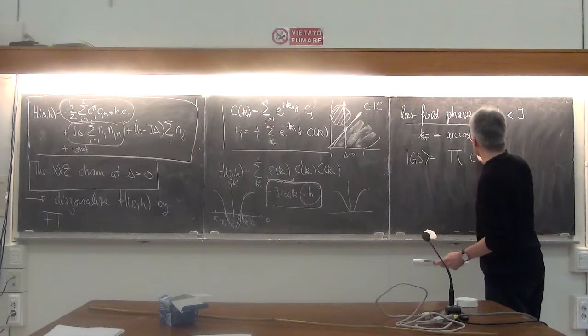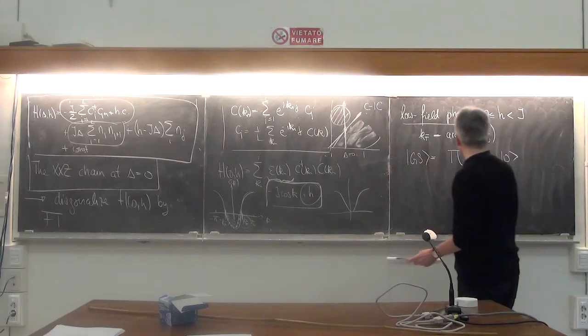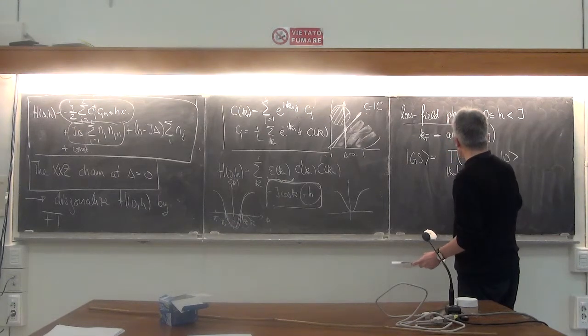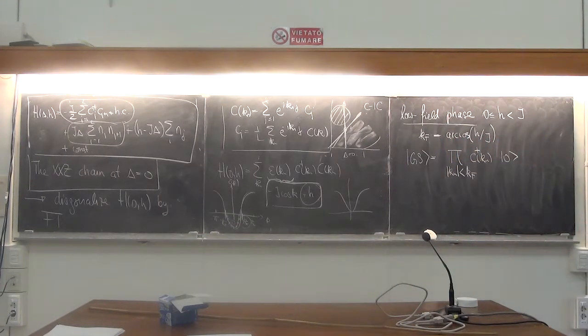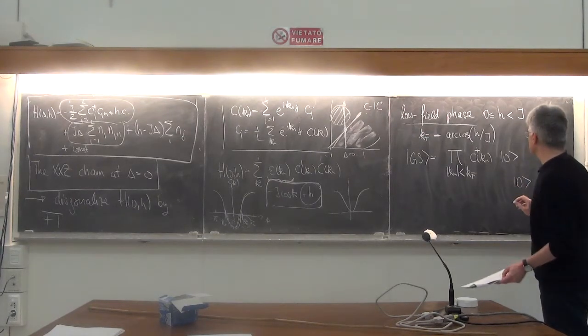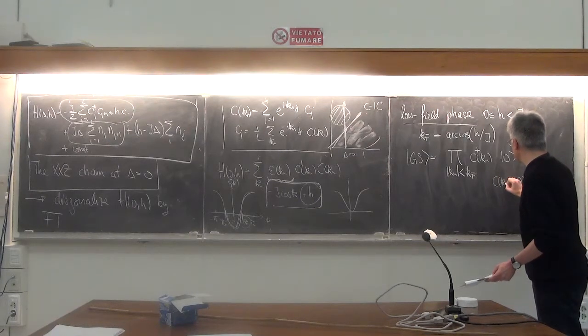So this would be c dagger of k_n acting on the fermion vacuum, and I do this for all k_n with absolute value less than kF. And the vacuum is the state which is annihilated by these.